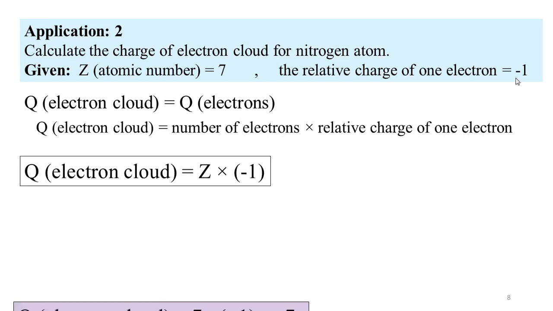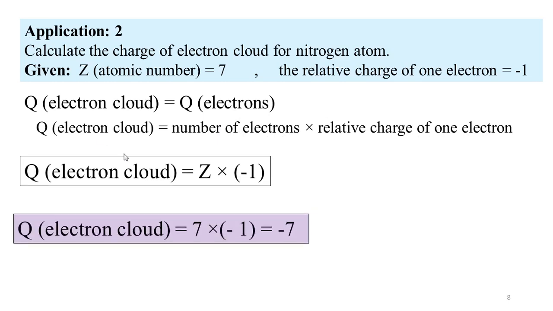So you have just to substitute with the given value here for the atomic number. So we can say that the charge of the electronic cloud is equal to 7, which is the atomic number, times the relative charge of one electron, then it's equal to minus 7.